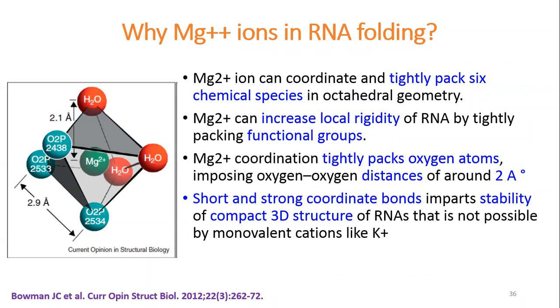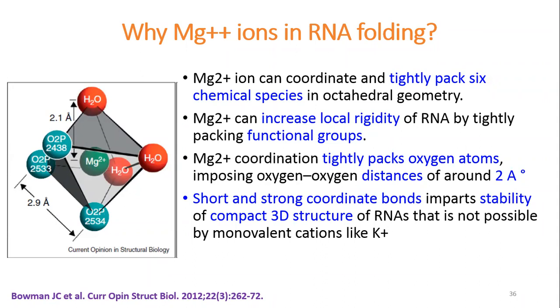But in order to fold it in a more compact, globular way, it is necessary that the secondary structures again come close to each other. So this function is usually done by this Mg dipositive ion.